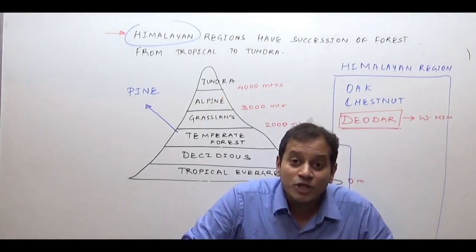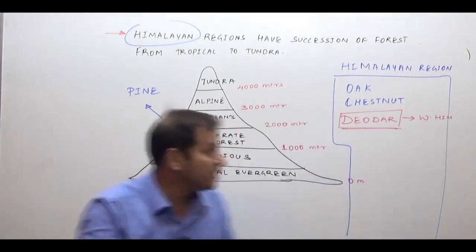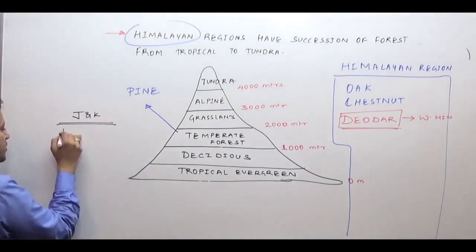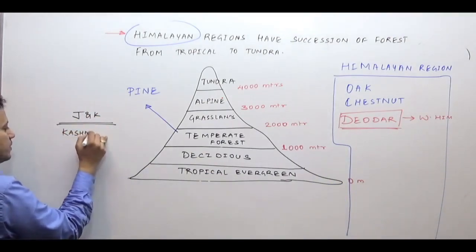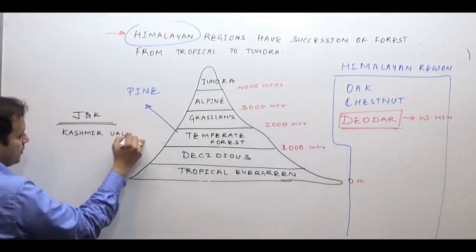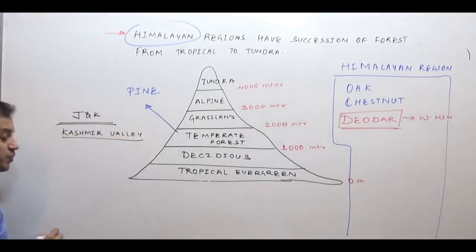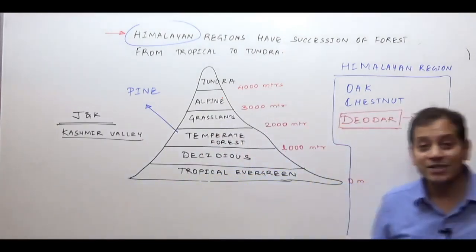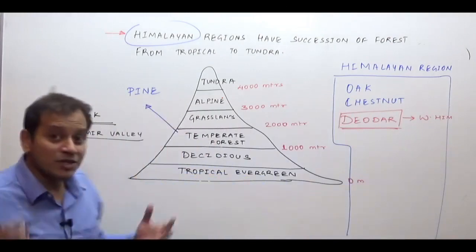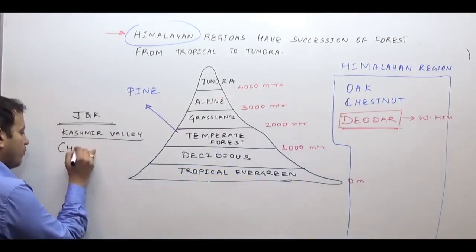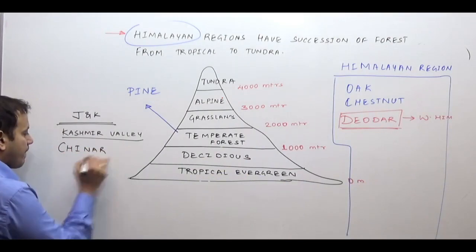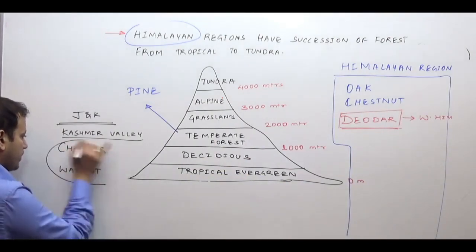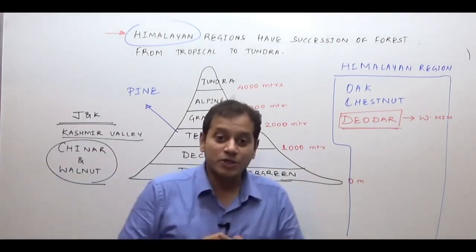Now in the Jammu Kashmir region, that is in the state of Jammu and Kashmir, especially in the Kashmir Valley region, you will find two important species here, that is the chinar species and the walnut species. Now, how to remember this chinar and walnut species?